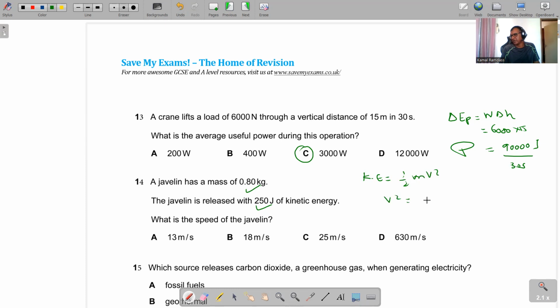And v square is equal to 2 times kinetic energy divisé par m. And v is equal to the square root of 2 times kinetic energy divisé par m. 2 fois 250, 500, divisé par 0.8, 625 under root, on gagne 25 mètres par seconde.